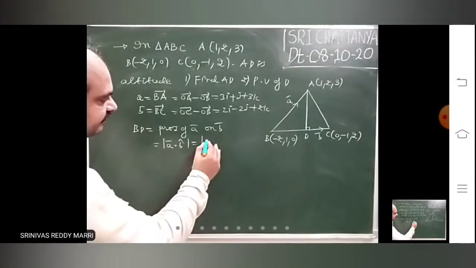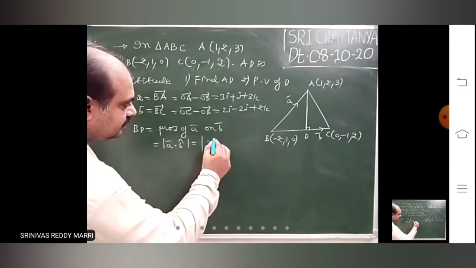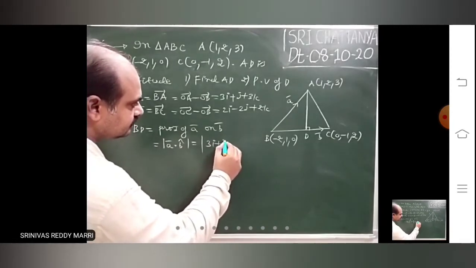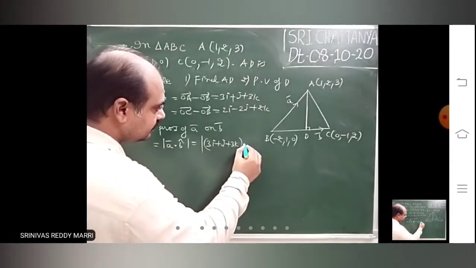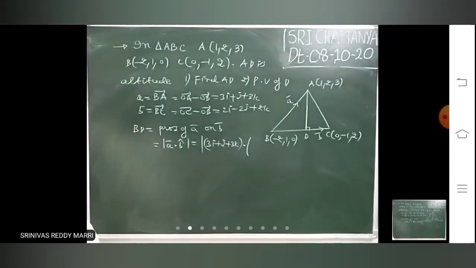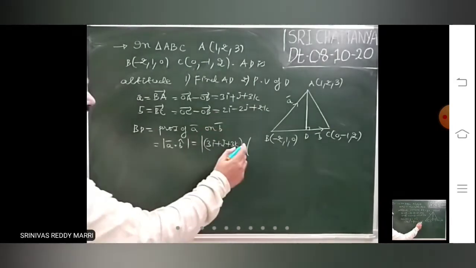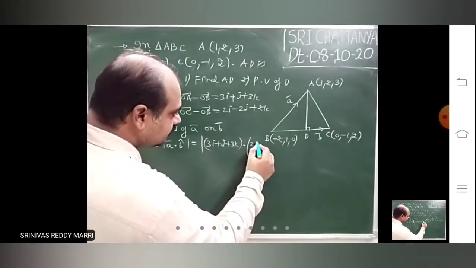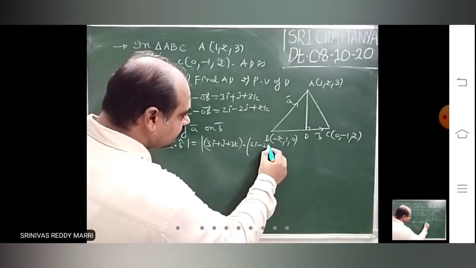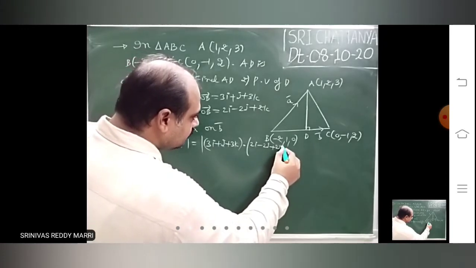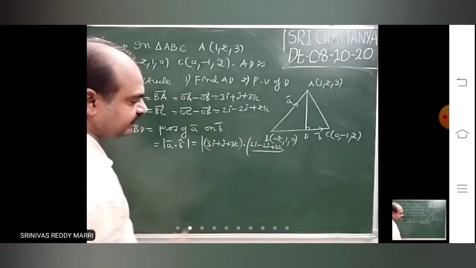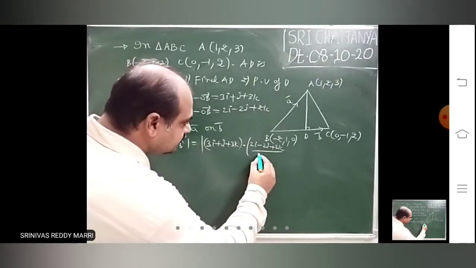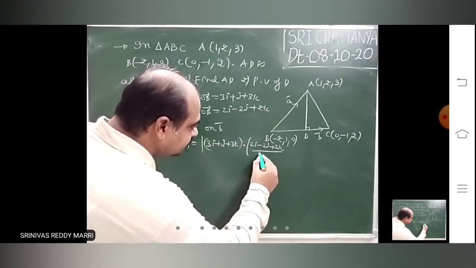A bar is 3i plus j plus 3k, dot B cap. B cap means unit vector, divided by root of 4 plus 4 plus 4, root 12. So root 12 means 2 root 3.